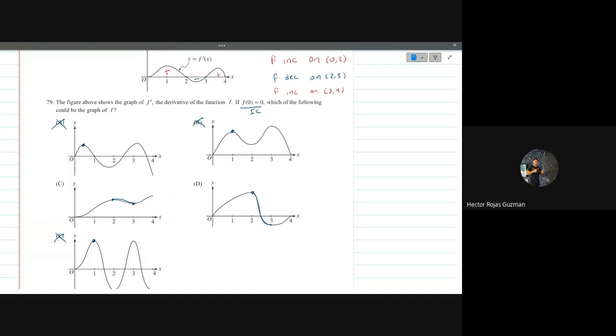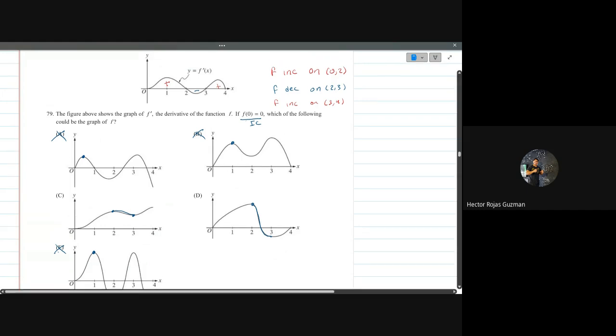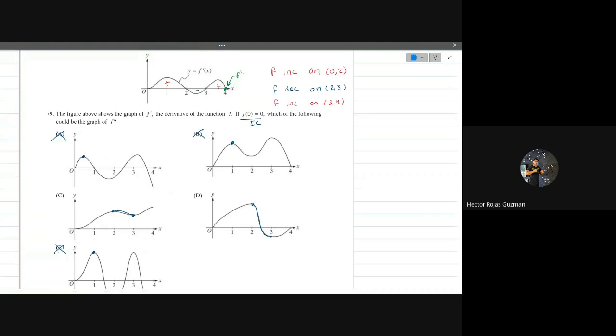But if you look at your endpoint, the derivative shows us that at x equals 4, the derivative is 0. So f prime is equal to 0, which means the slope is 0. If we look at our choices C and D, the slope right here does not look like it's 0, right? But if you look at the other one, we're starting to approximate that tangent line, a horizontal tangent line where the slope is 0. So I'm going to go with C right here.